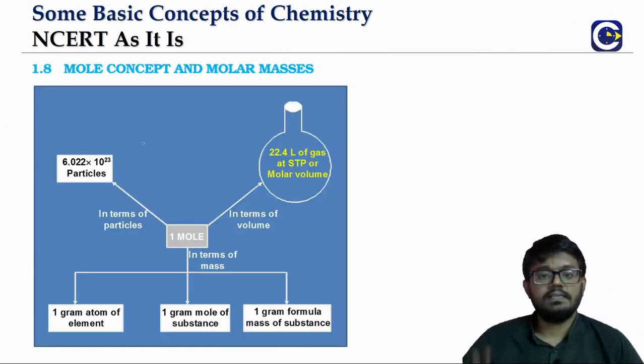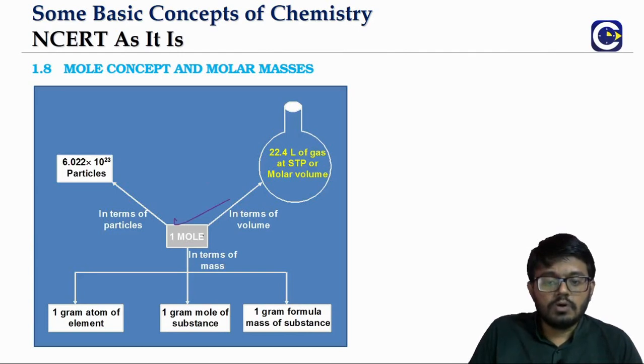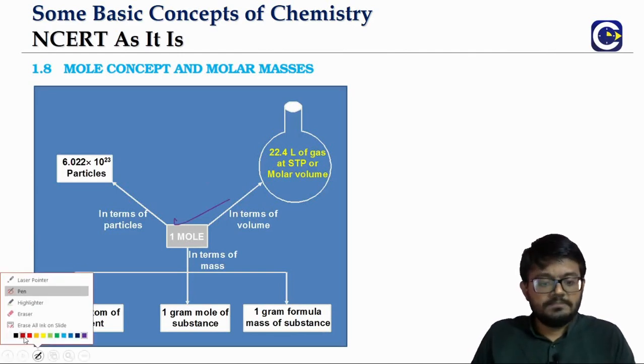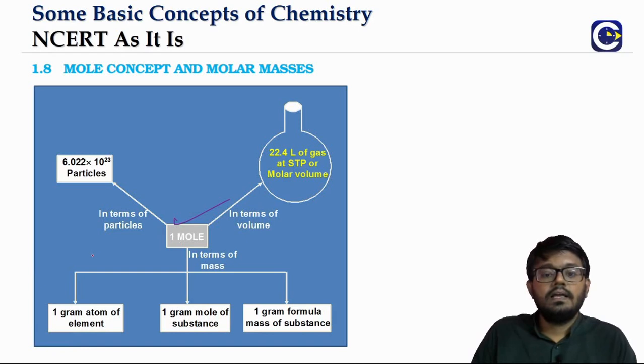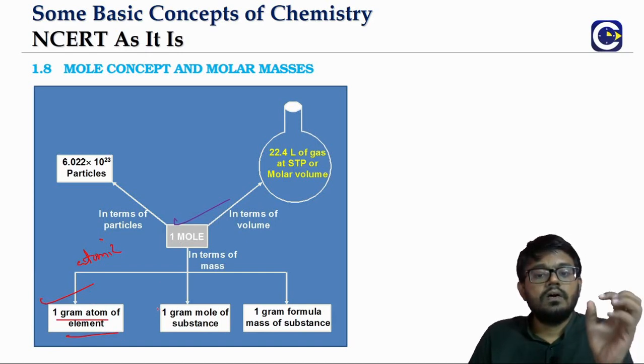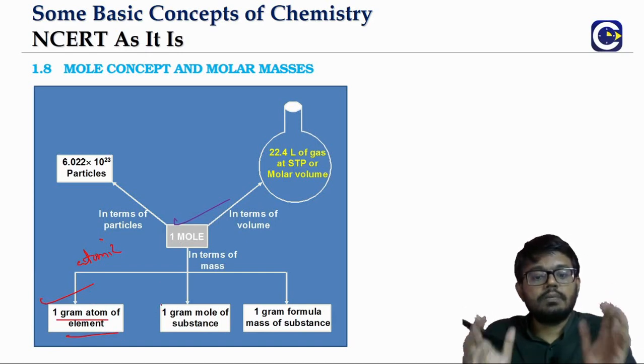Now we'll just summarize. If you talk about 1 mole, in terms of the mass, if we are referring to the atomic form, the mass will be equal to exactly the 1 gram atomic mass.